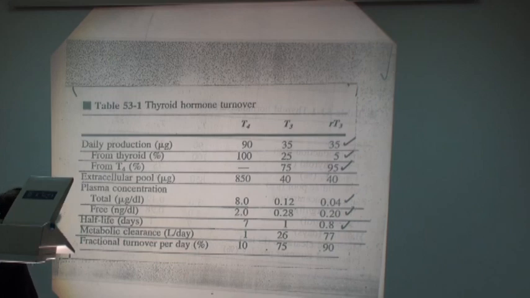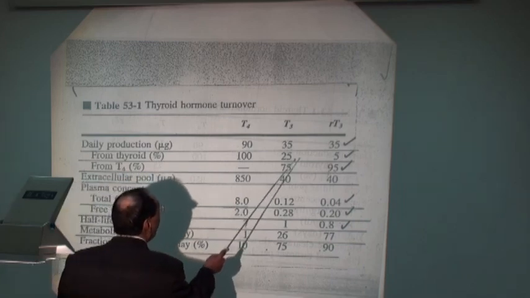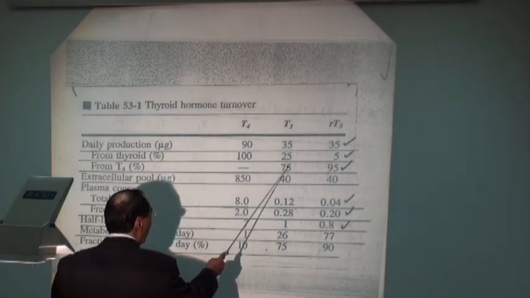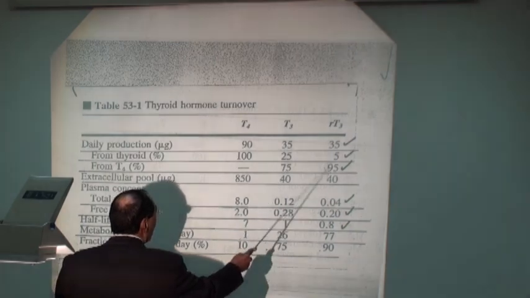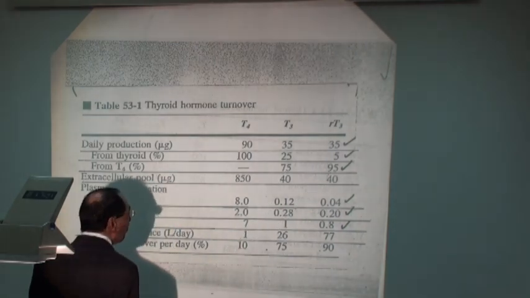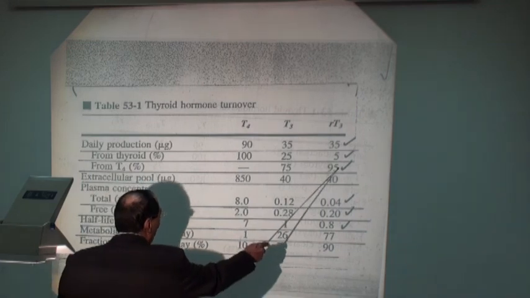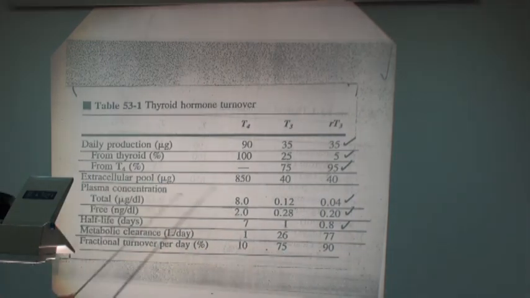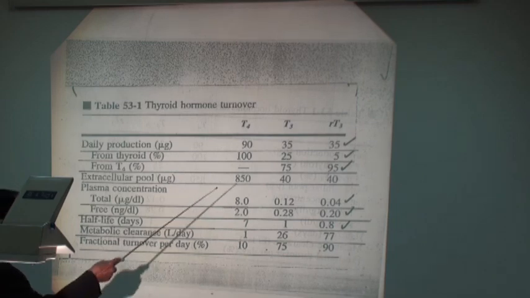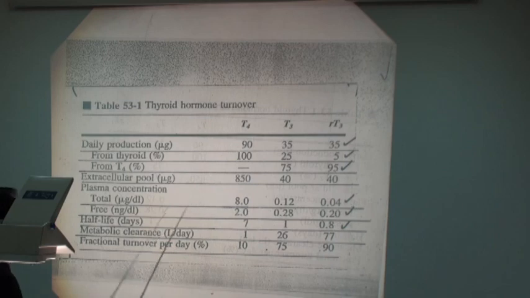The explanation of this is that if there is need, T4 produces mainly T3 and less reverse T3, because reverse T3 is inactive. But when there is no such need, it produces little T3 and more reverse T3.